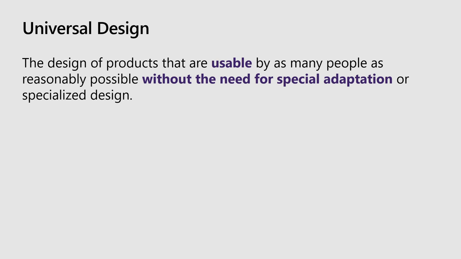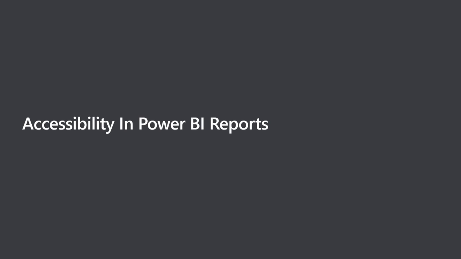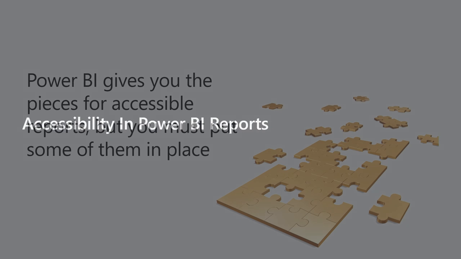So we have a baseline of what we want all of our users to do, and we try to push everyone forward so that everybody can use our website, our app, our Power BI report to some extent. Now, it's not pie in the sky where we think everyone will use our report perfectly and equally, but we do make sure that we include all of our user base and do as much as we can to be inclusive. So with that in mind, let's look at accessibility in Power BI reports.